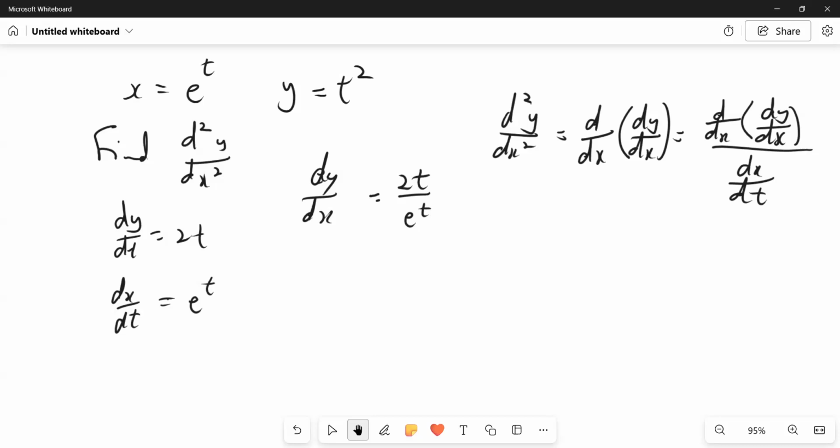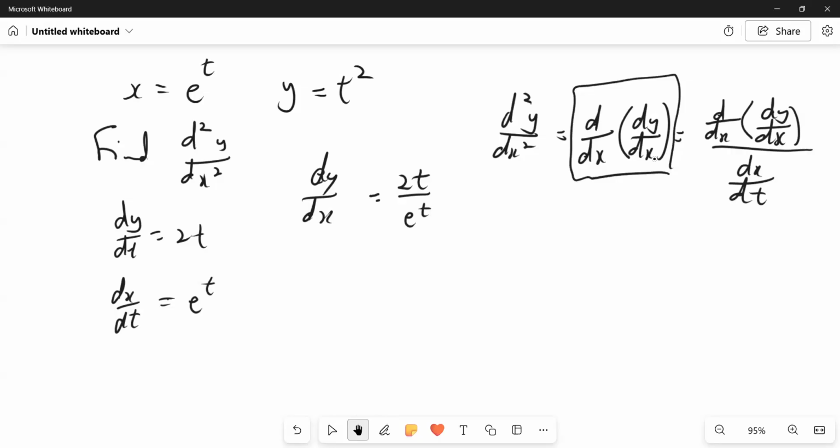Because dy/dx is something with respect to t. It has t inside. If you are able to eliminate t and write dy/dx in terms of x, then that would be good. You can just differentiate like normal. But because we have something with t, we just can't do this directly, and that poses a problem.